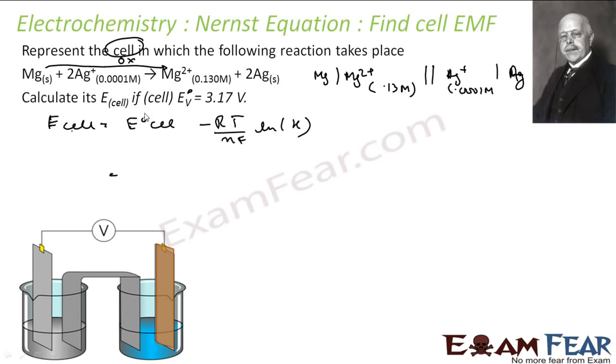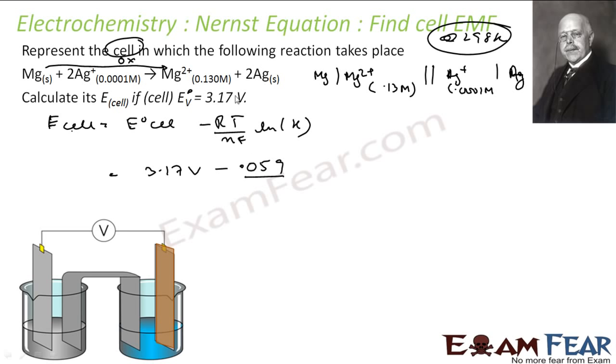E cell is E naught cell 3.17 volt minus RT by NF. Since these are happening at 298 Kelvin, assuming standard room temperature, this becomes 0.059 by n.